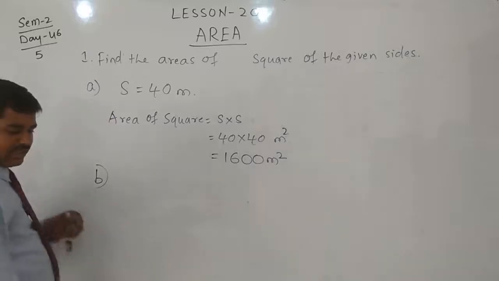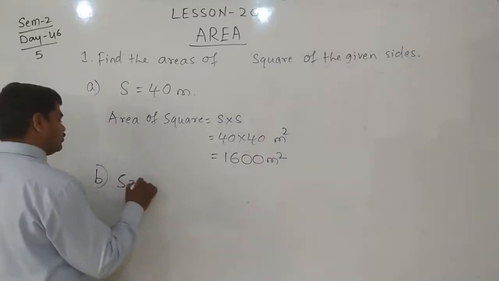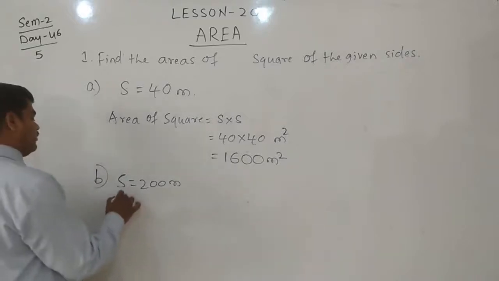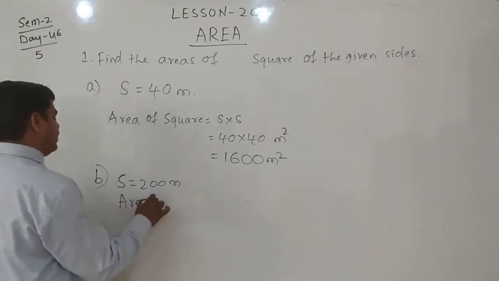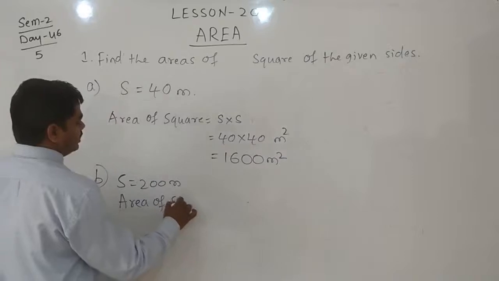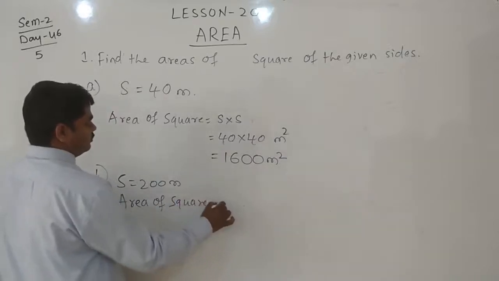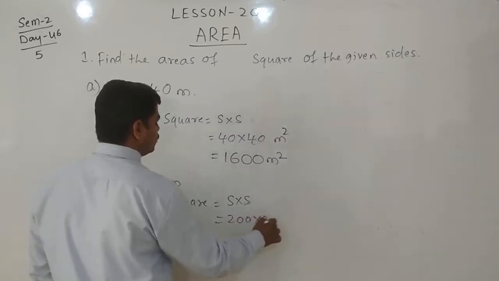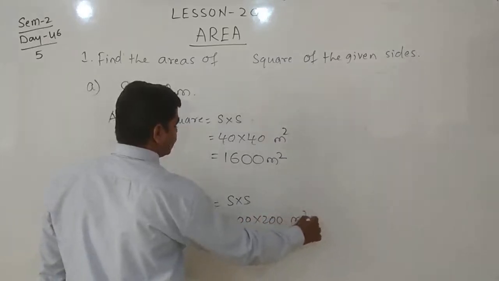The second square is S equals to 200 meter. Put in the formula, area of square is equal to S into S. 200 into 200 meter square.